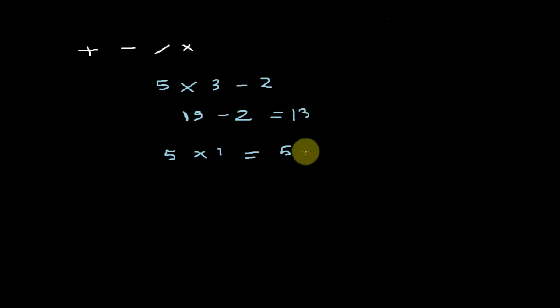Similarly in propositional logic, you have operators like the not operator, and then there is conjunction, which is also known as the and operator, and there is disjunction, which is also known as the or operator. So there is a precedence for these also.